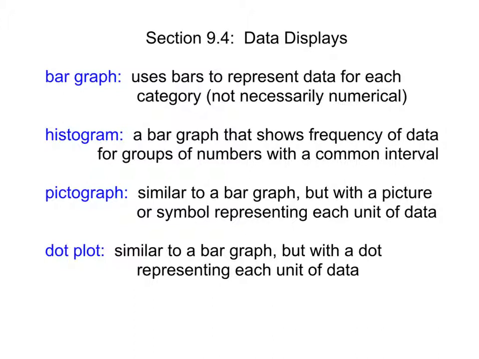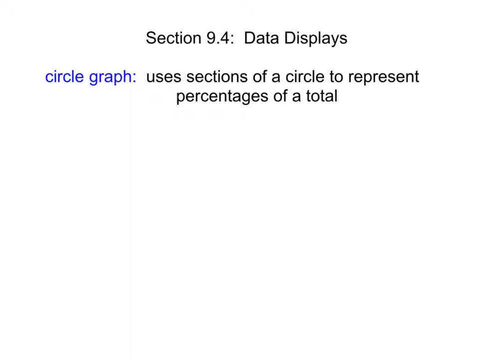So a circle graph is going to be a different kind of display. In this case, you're going to have a circle, and it's going to be divided into parts. And so the idea is that each part is set up to represent percentages of a total. So the bigger the section, the bigger the percentage.